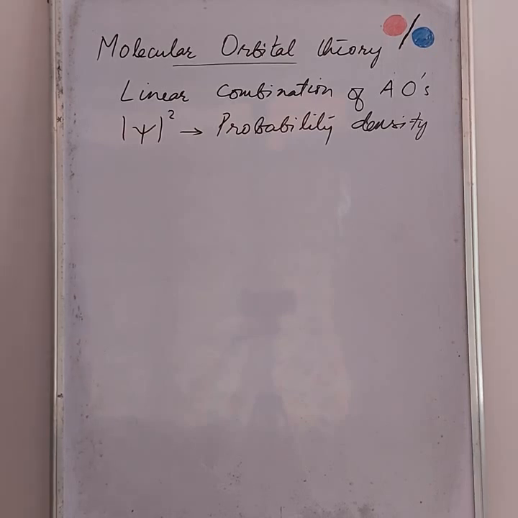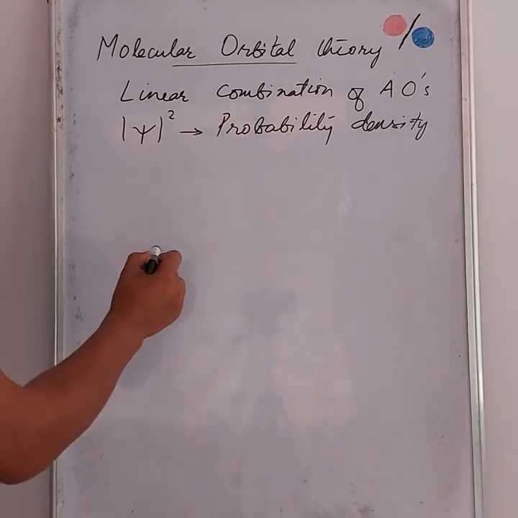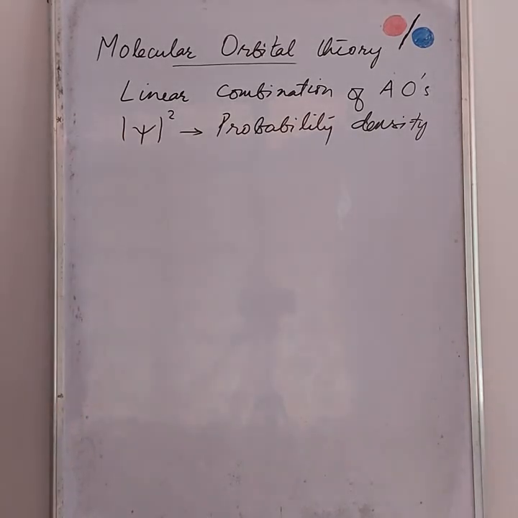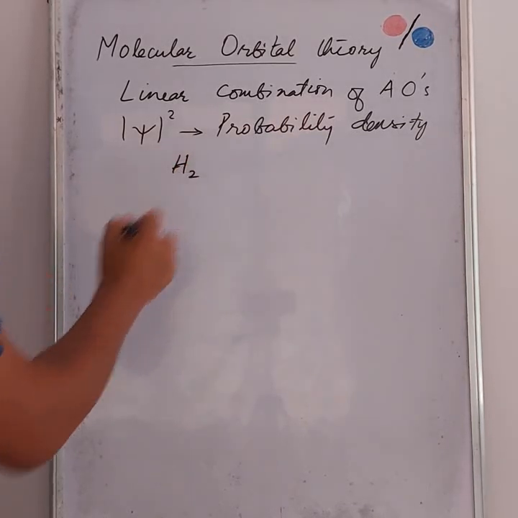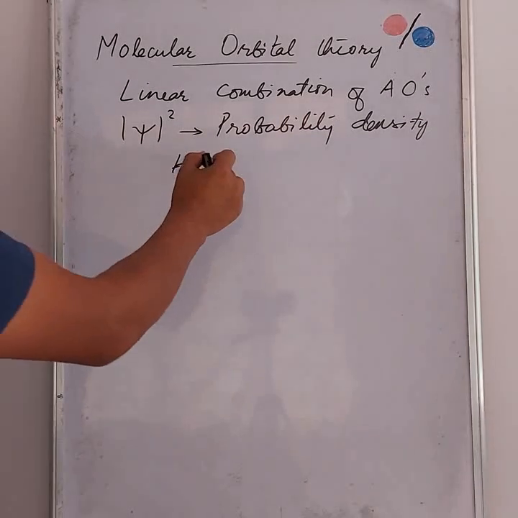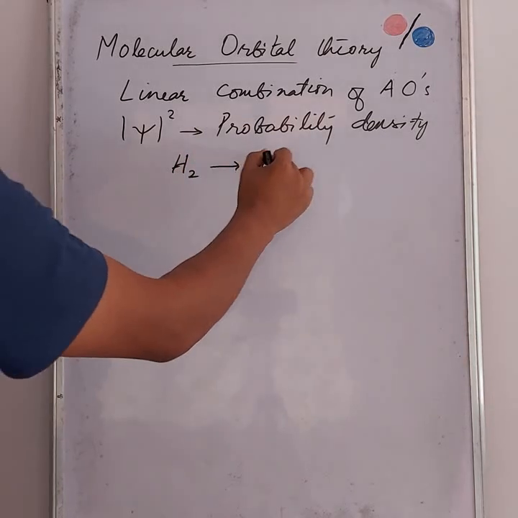But for molecular orbitals, atomic orbitals combine, they mix up to give us the molecules. Suppose, for example, the hydrogen molecule. Hydrogen is made up of two hydrogen atoms.